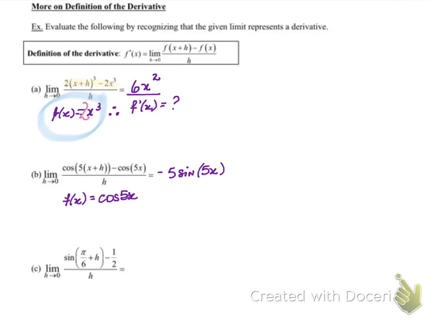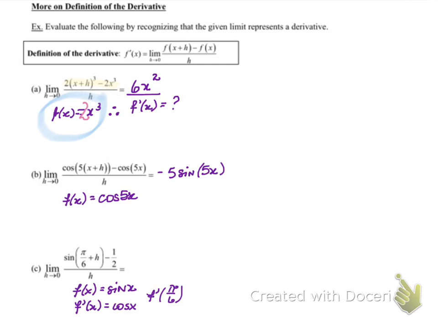And then you get down here to C, and it looks a lot different because there are numbers in it. But you still need to identify the function that you're looking at. And the function that you're looking at is f of x equals sine of x. And we're looking at the derivative at a particular point. So we're actually not looking at f prime of x, which is cosine x, but we're looking at f prime of pi over 6.